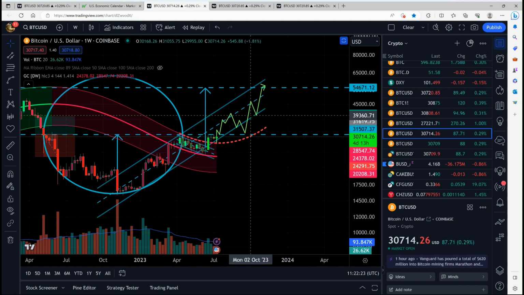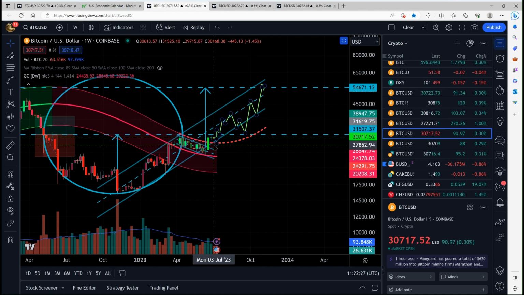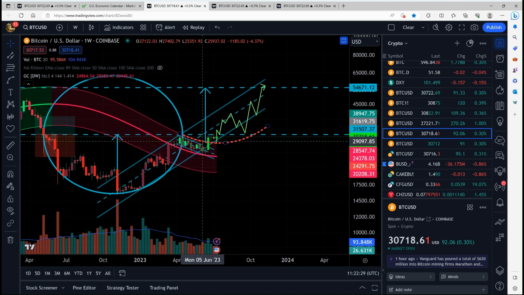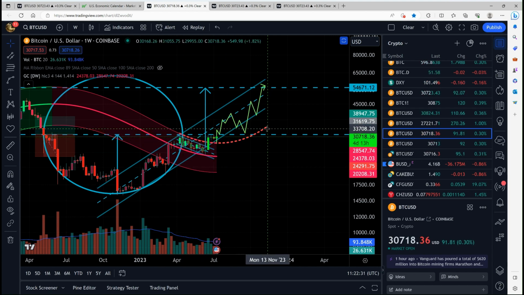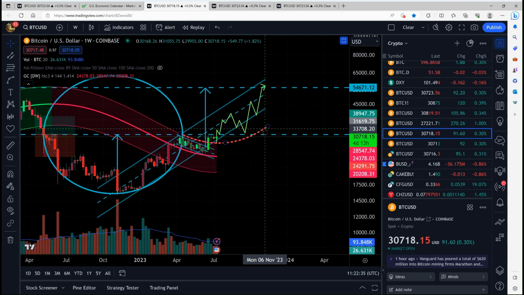This path that I've drawn is consistent with the weekly Gaussian channel, estimated by the dotted red line here. Possibly a retest of that out here in September at around $32,000, something like that.